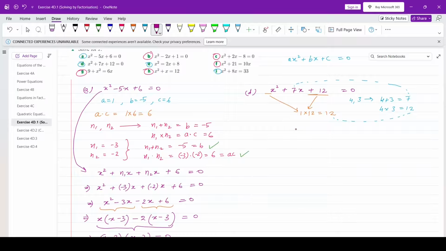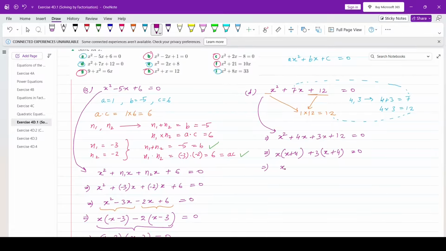So from here, we can simply write this equation in the form x square plus 4x plus 3x plus 12 is equal to 0. And taking x common from the first half, we get x into x plus 4, and 3 common from the second half, we get 3 into x plus 4, that is equal to 0.